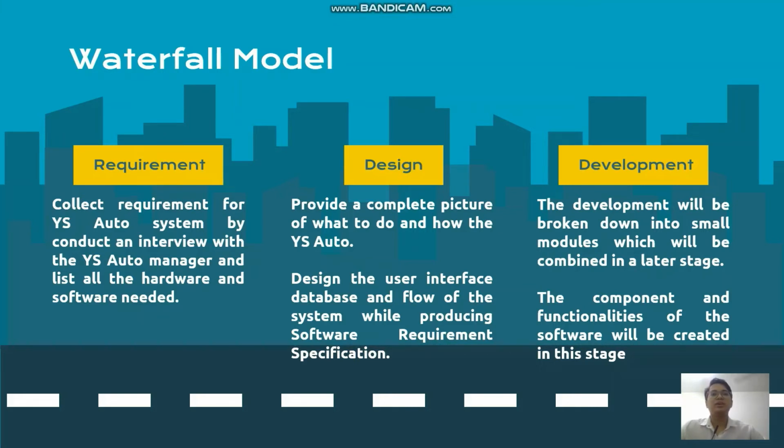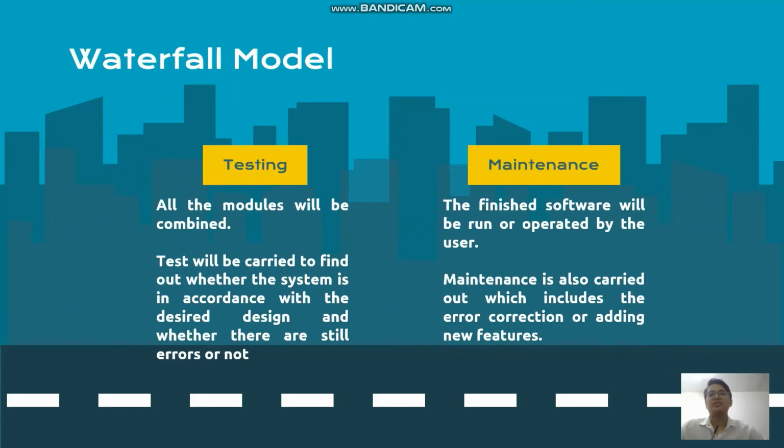And then the third step is development, where the development will be broken down into small modules, which will be combined at a later stage, and the components and functionality of the software will be created in this stage. And the fourth stage is the testing stage, where all the modules will be combined, and then tests will be carried out to find out whether the system is in accordance with the desired design, and whether there are still errors or not.